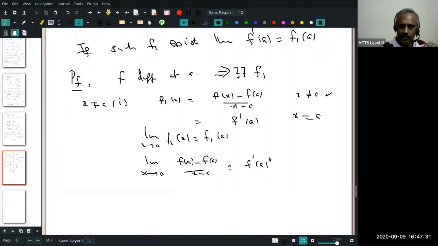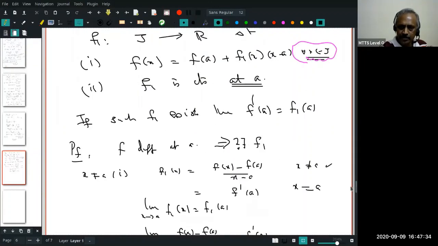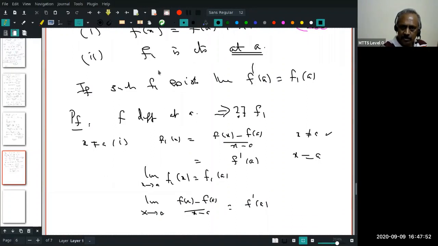Next, I have defined f1 for all x in J not equal to a. But at a, I have to define f1 at a. But remember, my second condition says such an f1 must also be continuous at a. If this theorem is true, then the limit as x tends to a of f1 of x must exist. And since f1 is continuous at a, that limit should be f1 at a.